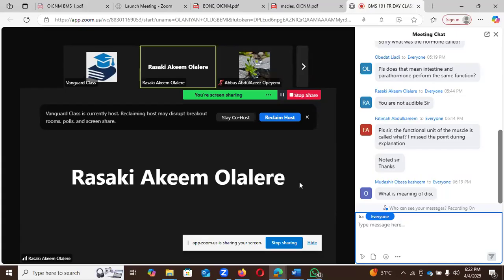The major differences. One, from the name, smooth muscle is smooth. It doesn't have any pattern. Other muscles, they have pattern. Now, in terms of contraction, smooth muscle contracts through the help of enzymes, and those enzymes are myosin kinase and myosin phosphatase.